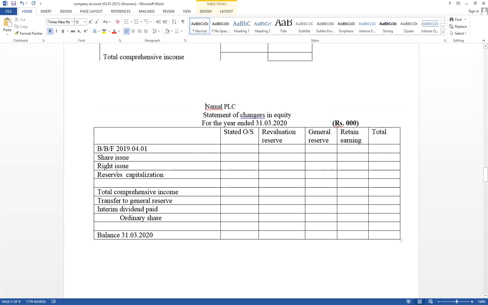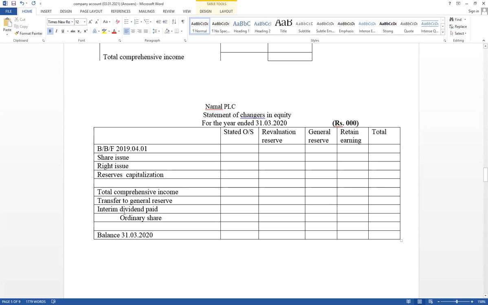Then share issues, rights issue, reserves capitalization, total comprehensive income, transfer to the general reserves, and interim dividends paid, as well as closing balance.